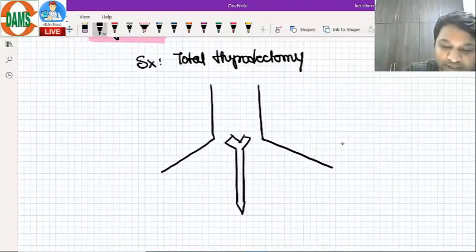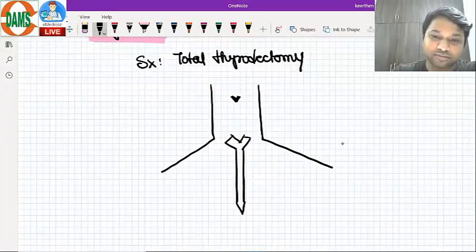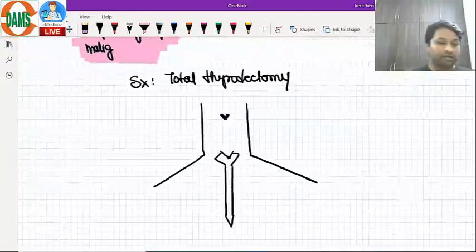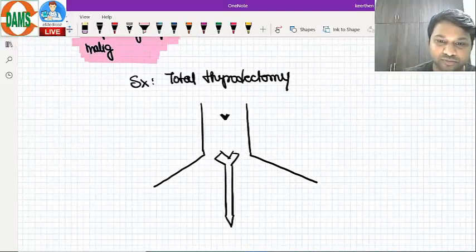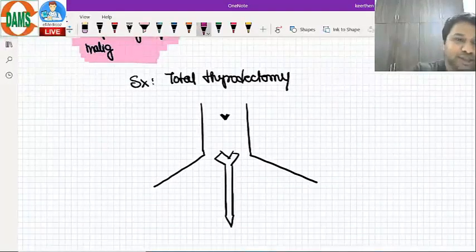Would you like to put the incision in the neck? Would you like to explore from the mediastinal part? How many of you say will go with a cervical incision, and how many of you say will do a median sternostomy? Okay. The incision of choice.